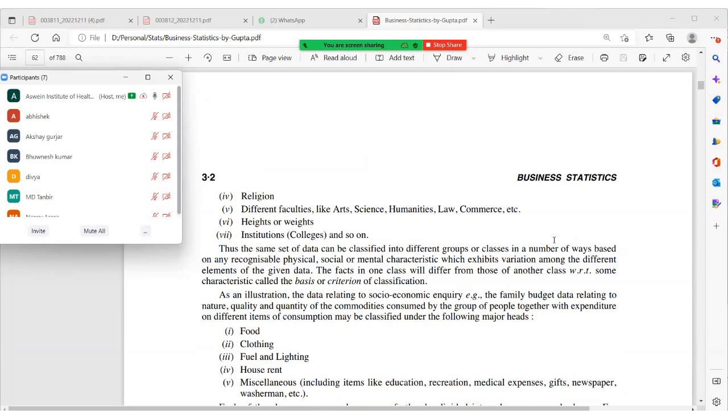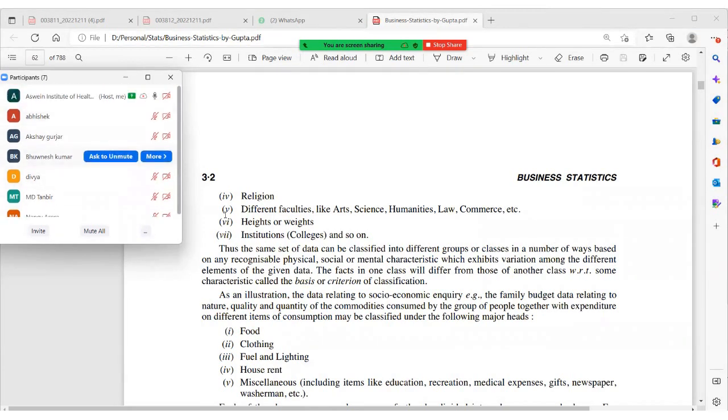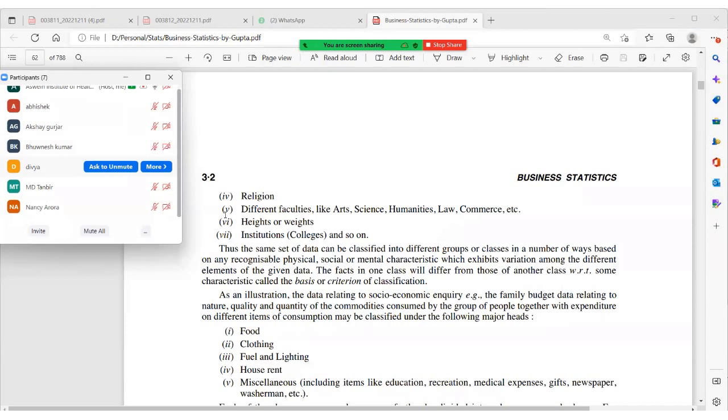Let me take an example of this class. I have answer sheets of Abhishek, Akshay, Dinesh, Divya, Tanveer, Nancy, right? So that means ungroup, because I have data of all the individual students.